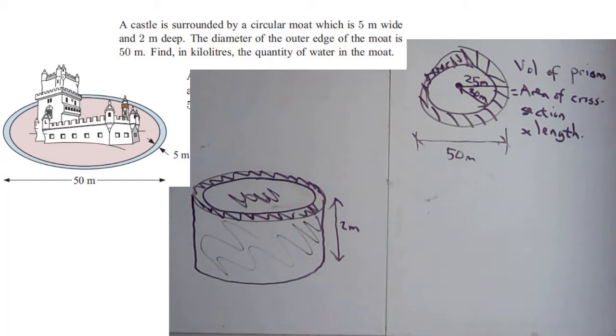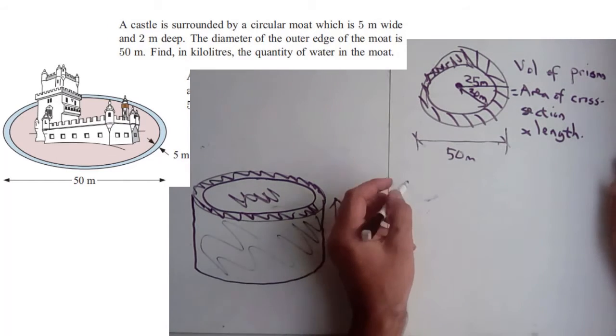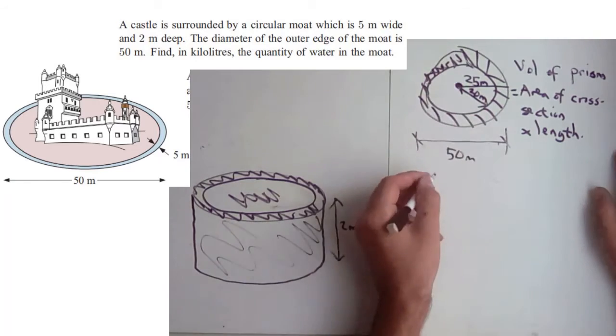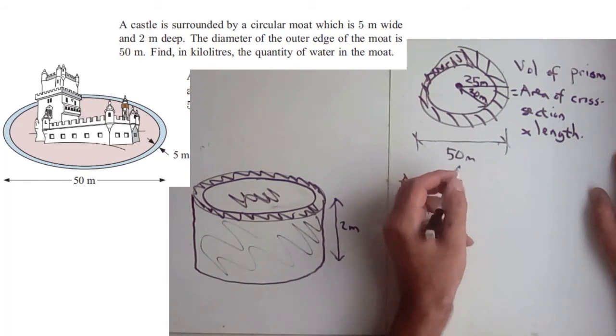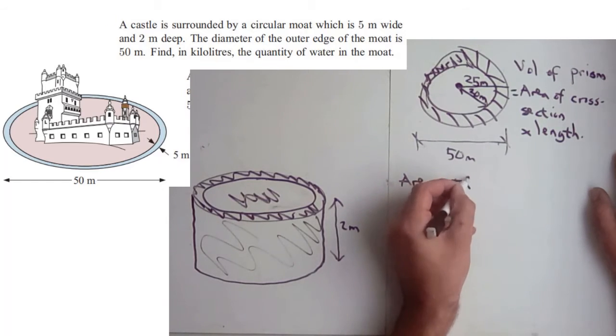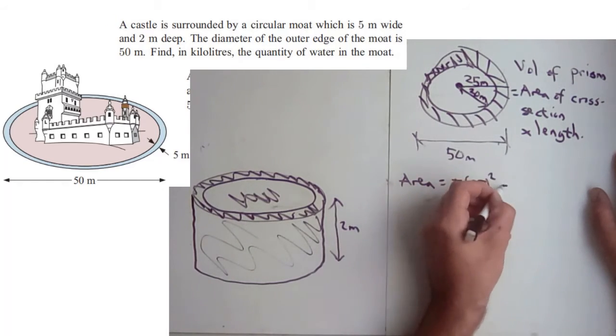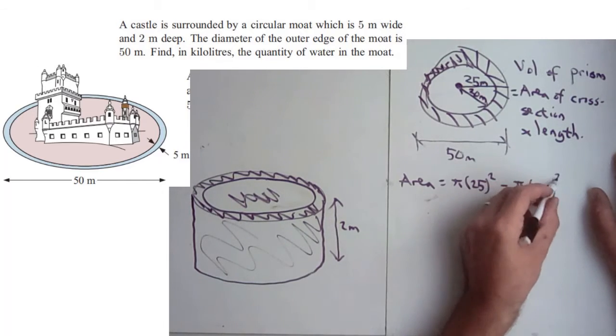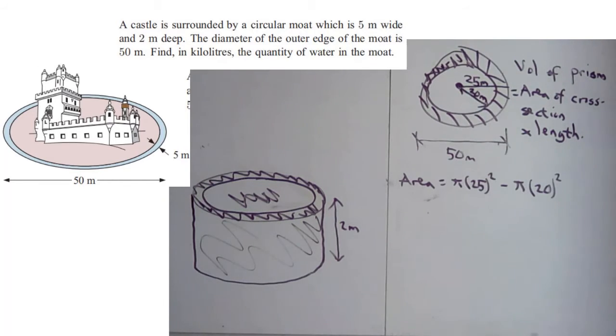Then we've just got to think about kiloliters. So area, and I'm saying area, this is the area of that ring. Well, it's going to be pi times the big circle squared. So pi times 25 squared minus pi times 20 squared. So I will do a little bit of a factorization for this, just one line, just because I've seen it come up so many times where you have to recognize the difference of 2 squares.